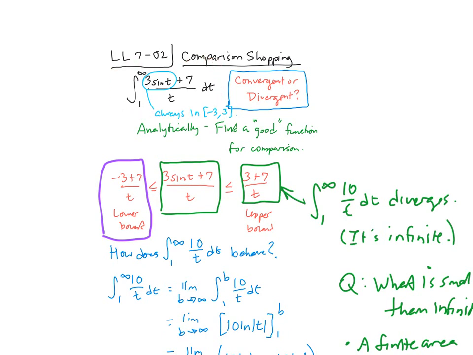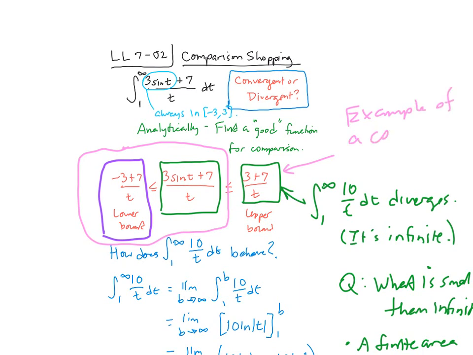So if I'd been doing this with the full advantage of my experience, I would have focused on this comparison first. I wouldn't have messed with the other one. I did that just to illustrate. This is an example of what we can't do with comparison. An example of a comparison that doesn't tell us anything.